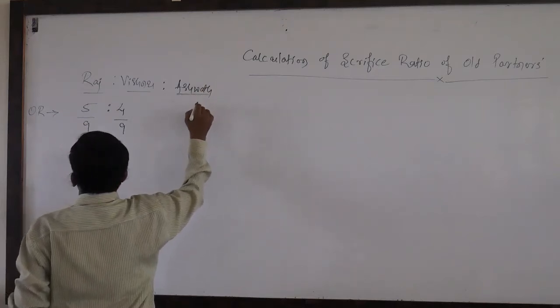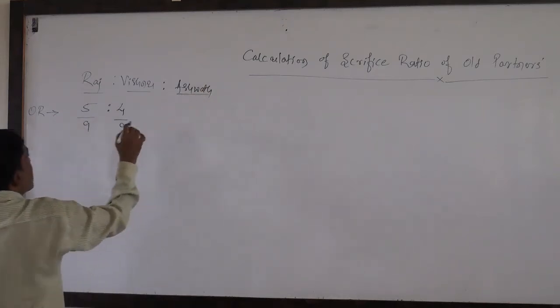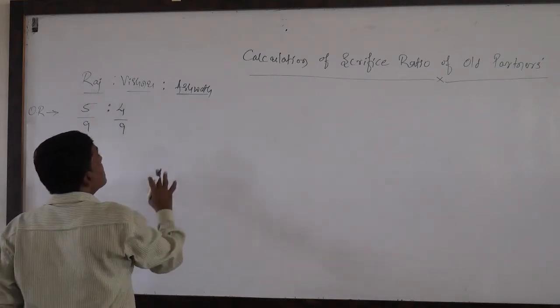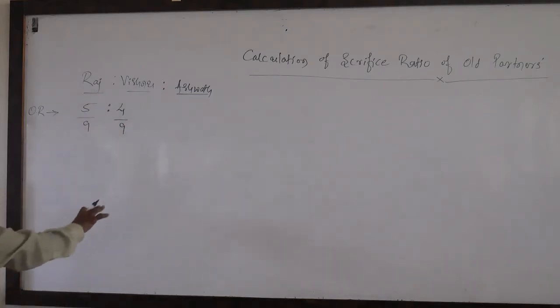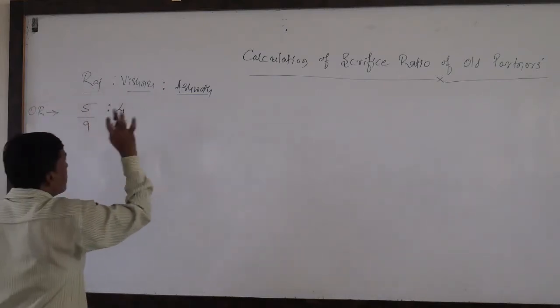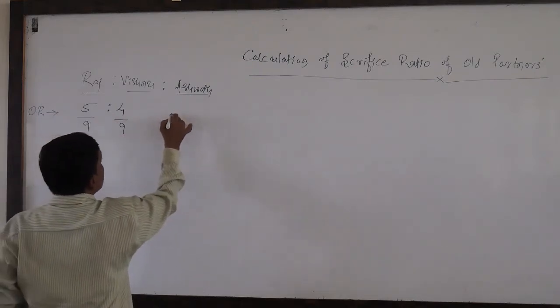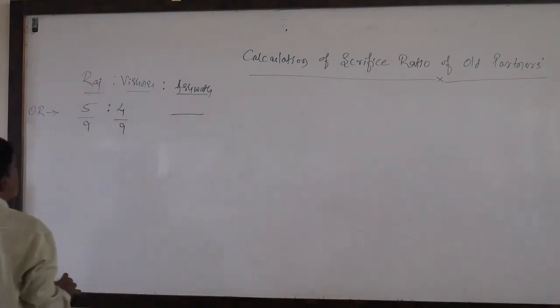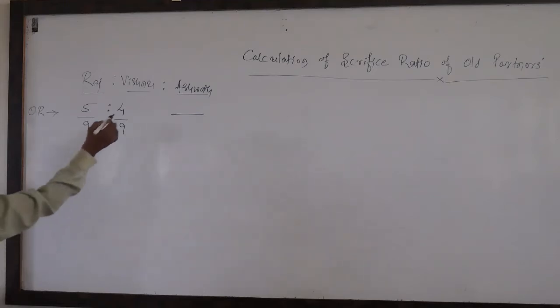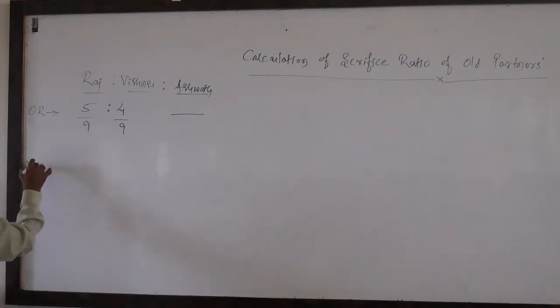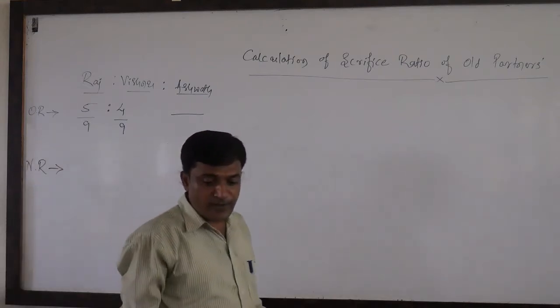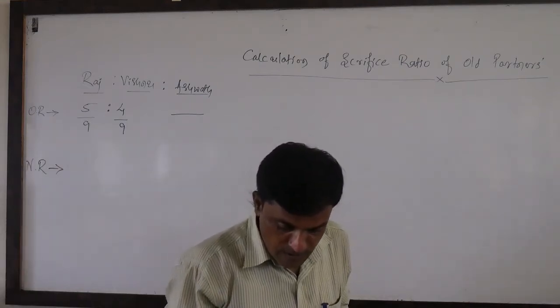So now here I am making some rough work. This is not a compulsory part. For your purpose only I am making some rough work here. Ashwath as a new partner will not have an old ratio. So after admitting Ashwath, let us see whether the new ratio for all the partners is provided or not.